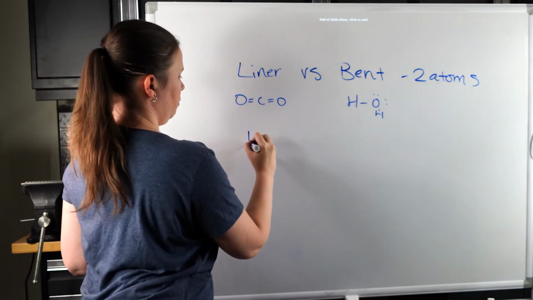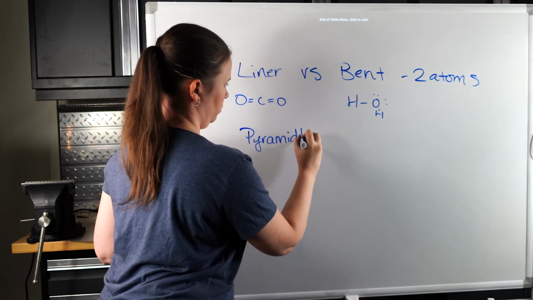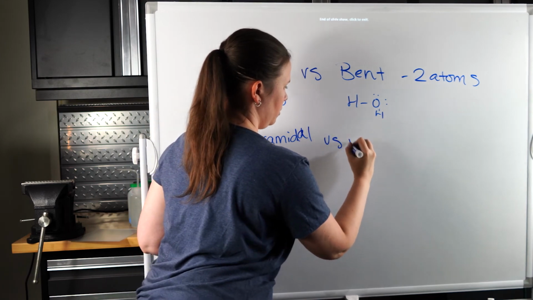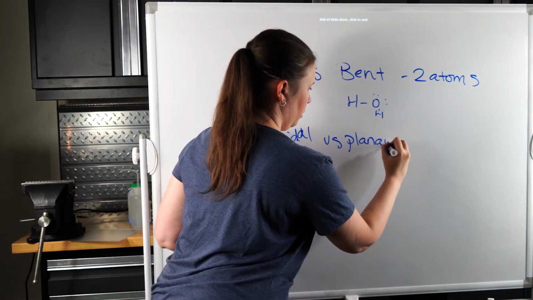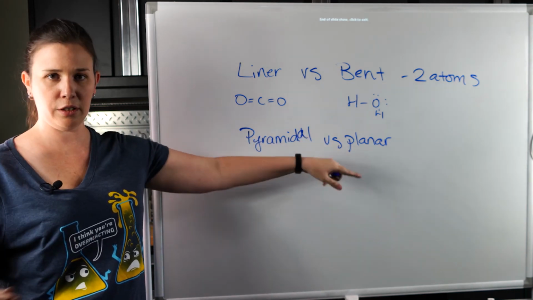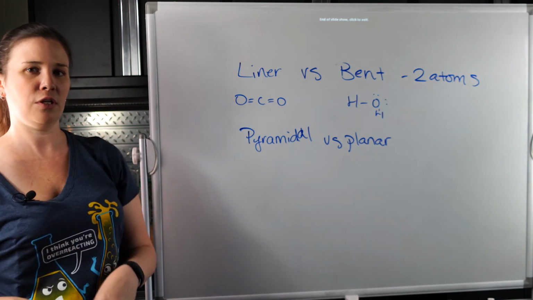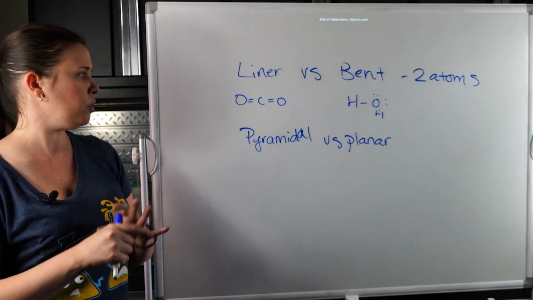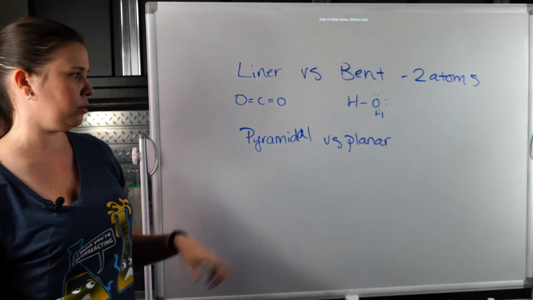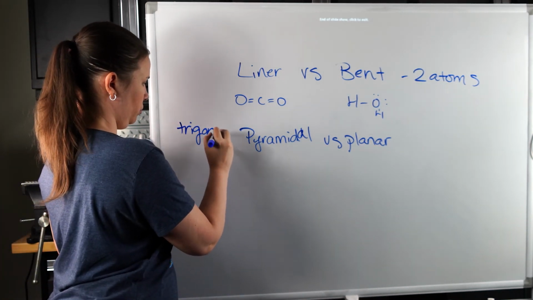You could also have pyramidal versus planar. And you usually say trigonal pyramidal or trigonal planar, indicating it's a triangle, because with some of the extra shapes that you'll learn about in your more advanced classes, there's also square pyramids and square planar. So these are trigonal.